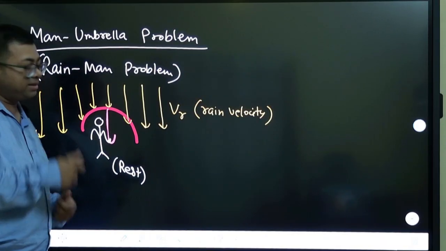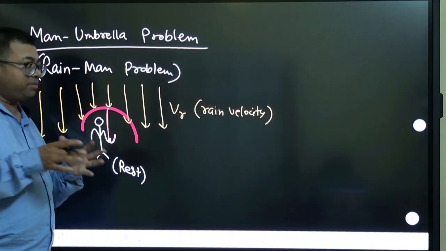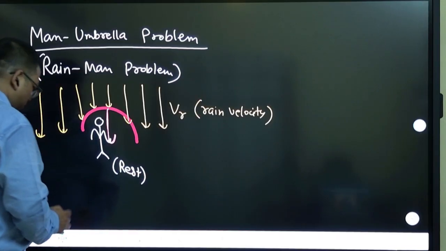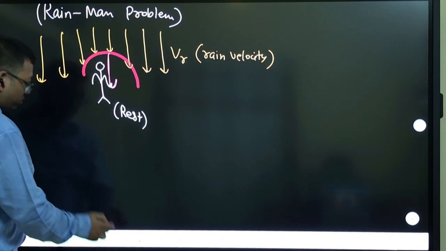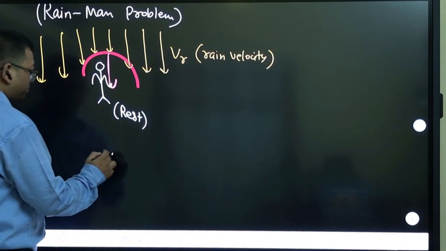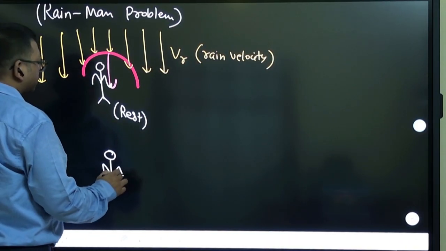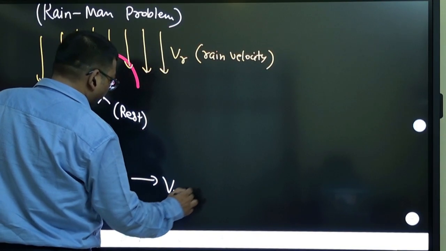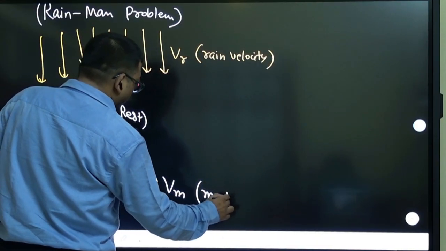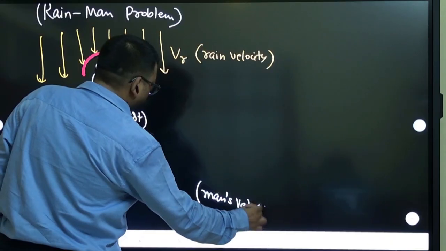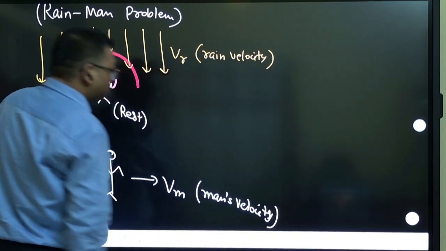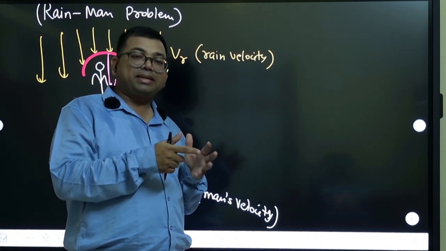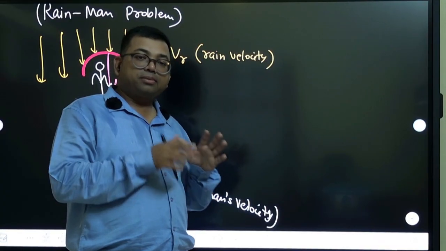Now what happened? The man started running with the umbrella. Now the man is also going to move with some velocity Vm. Vm is the man's velocity. Now the question is that he cannot keep the umbrella the same way. He has to tilt the umbrella in some direction so that he can protect himself.